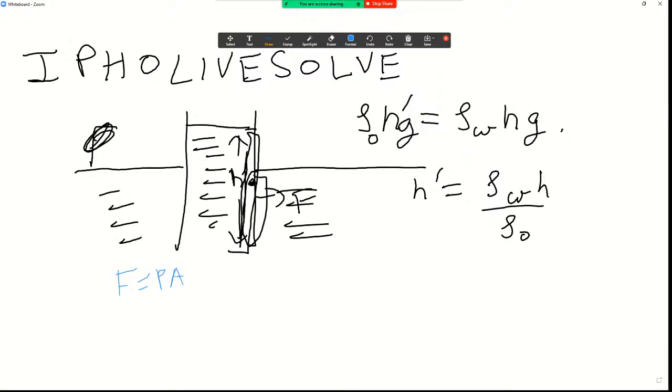I think complete area because the entire oil is acting on the H prime. Yes. Okay, so then average pressure times area. Yes, rho g h dash by 2. Yeah, you can do it.